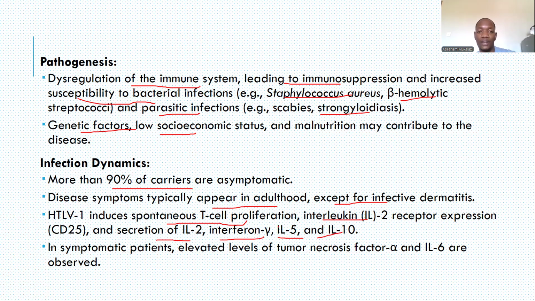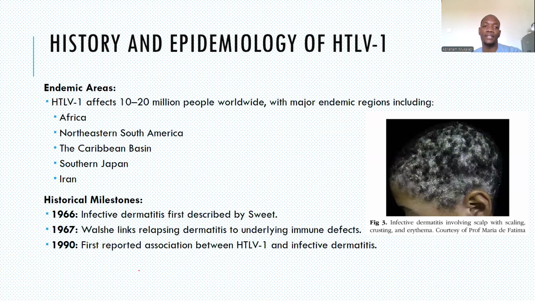You've seen interleukin-5 as well in atopic dermatitis, where it plays a role of stimulating the T helper 2 mediated response. In symptomatic patients, they usually have elevated levels of tumor necrosis factor alpha, as well as interleukin-6. So once this virus has infected your lymphocytes, B cells, and monocytes, it will make them produce these pro-inflammatory cytokines that are thought to drive the infective dermatitis.